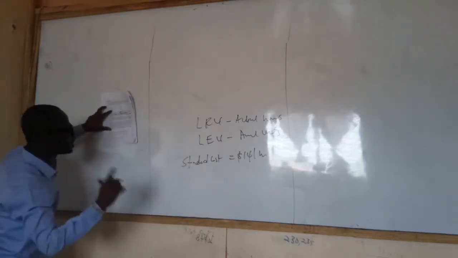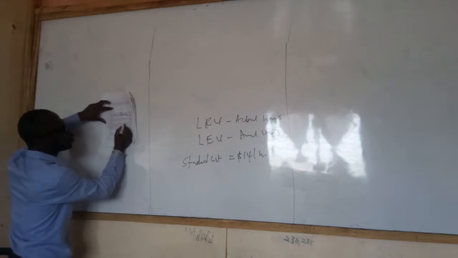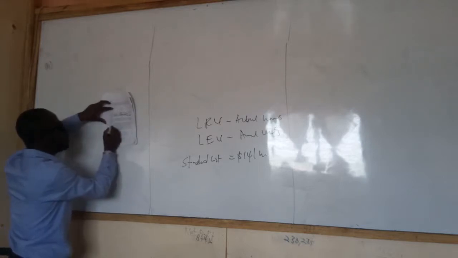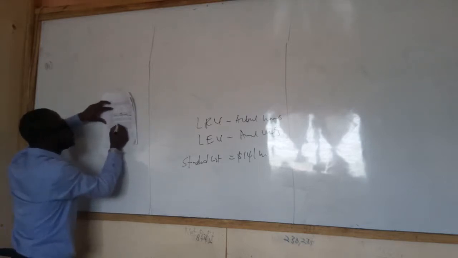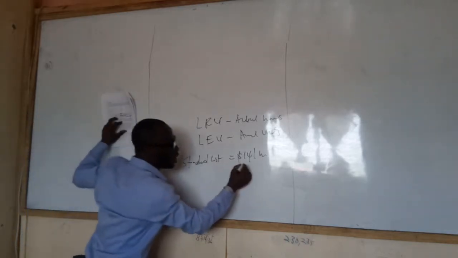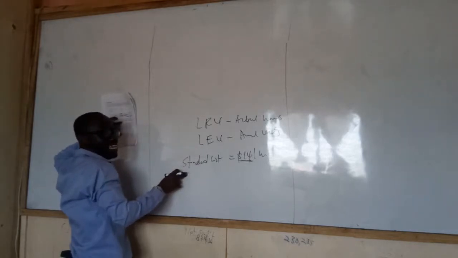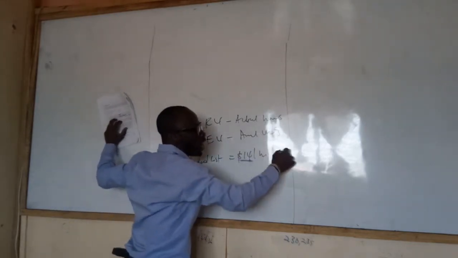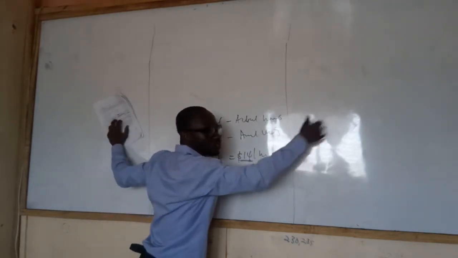Now, listen to this carefully. This also reflects the actual cost per labor hour for the company's permanent staff in November. Did you hear that? This standard is also the actual for the permanent staff.